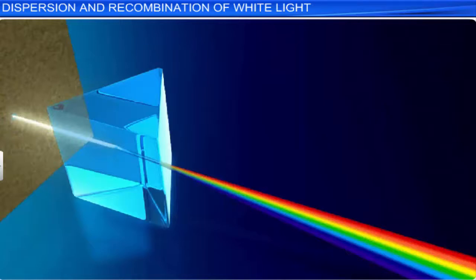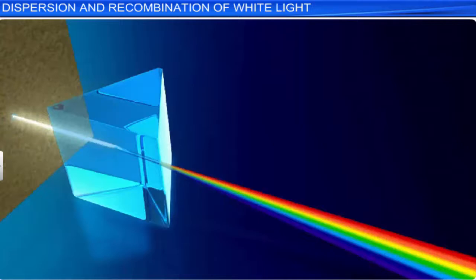Similarly, glass has the least refractive index for red, since red has the longest wavelength among the colors of the spectrum. Thus, red light slows down the least, and so is deviated through the smallest angle.